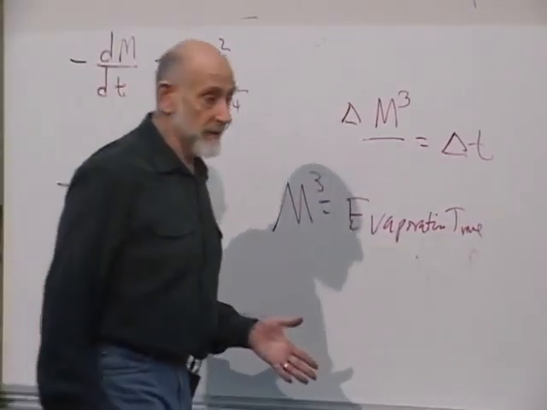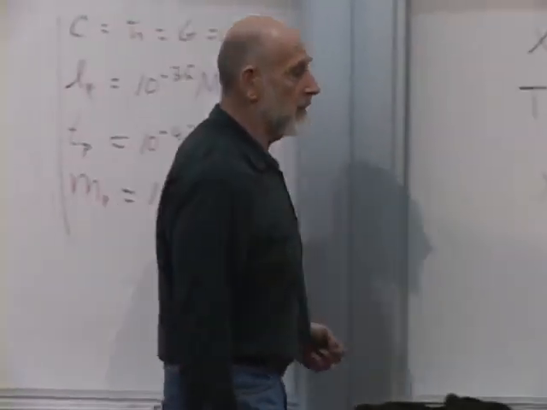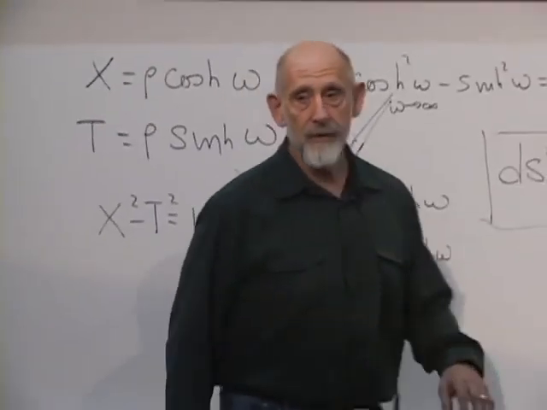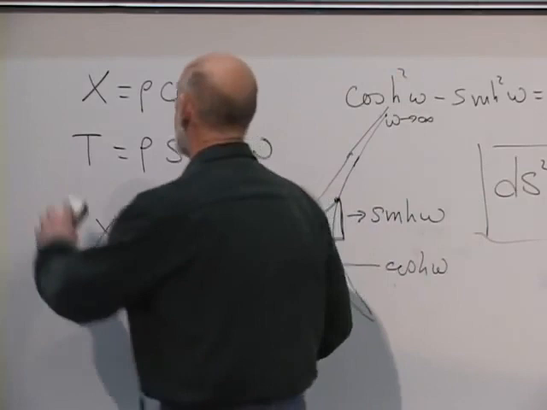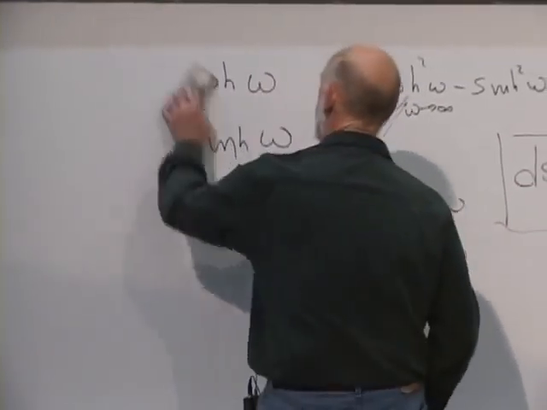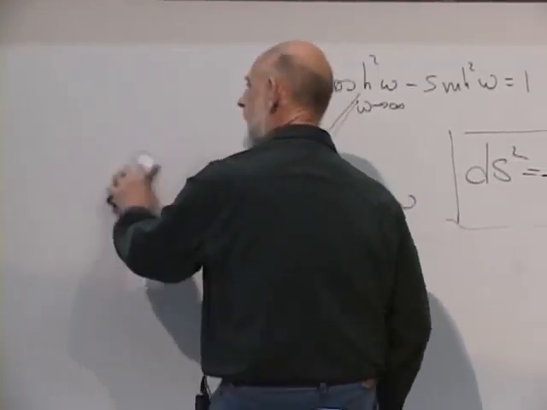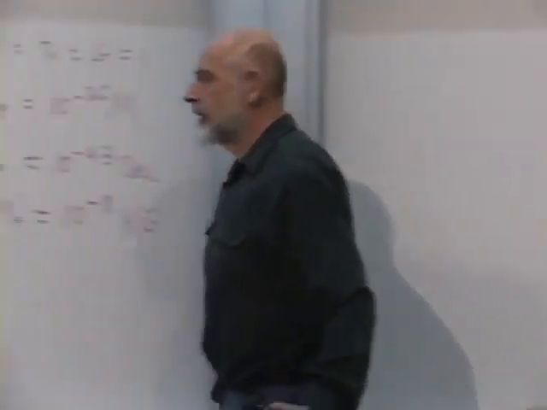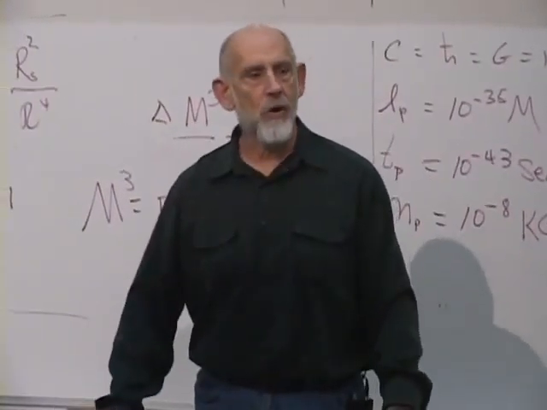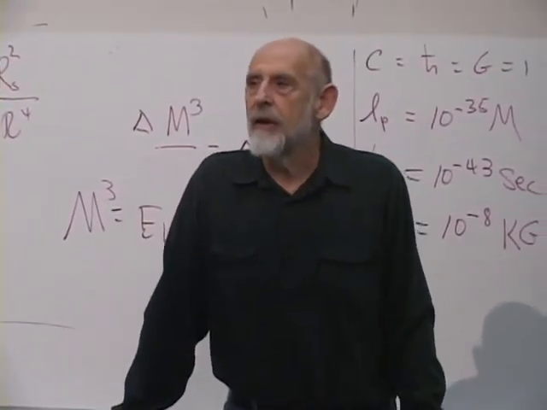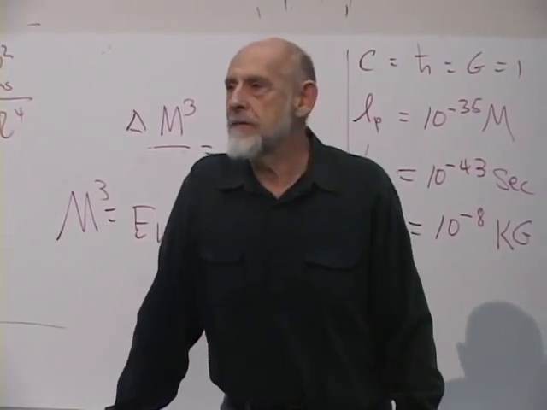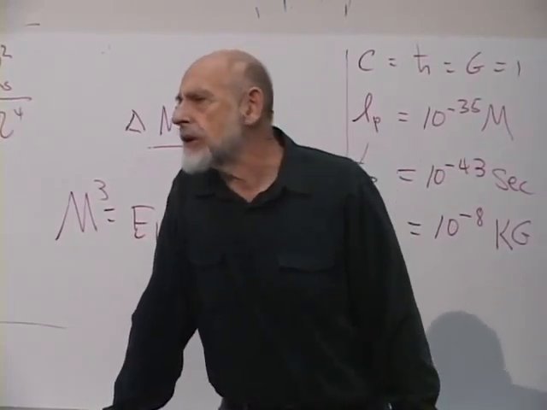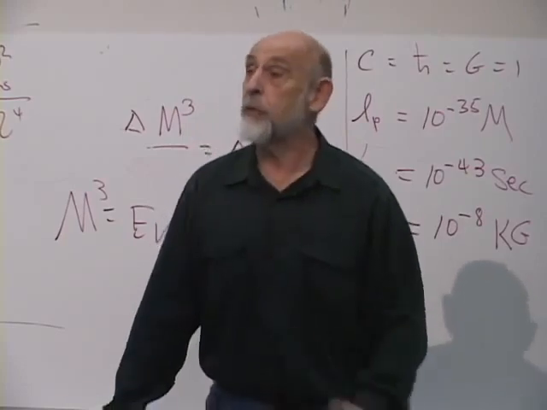How long is it? Let's plug in some numbers. A solar mass black hole. What's the solar mass? 10 to the 30th kilograms. We have to work in Planck units.